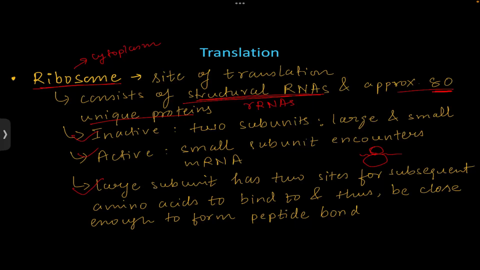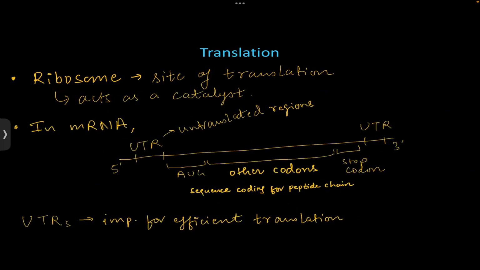So that is the elongation step of translation. I will show you again with the figure. Now, the ribosome has another function: it can also act as a catalyst. So it will increase the rate of the reaction for the formation of the peptide bond. It will increase the rate at which the proteins are formed.